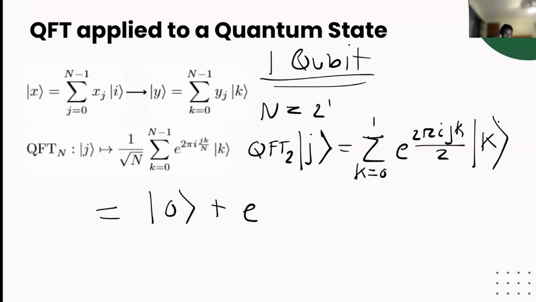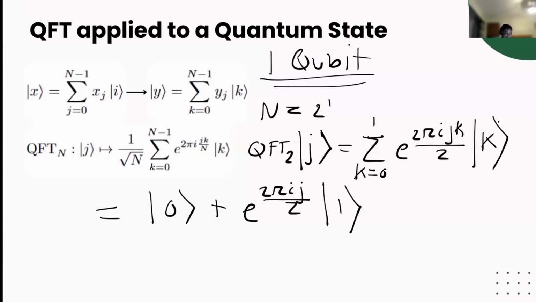So we have e to the 2 pi I times 1, so now we're looking at just j over 2. I'll keep it there for now. And this is the result of applying our quantum Fourier transform to this computational basis state.